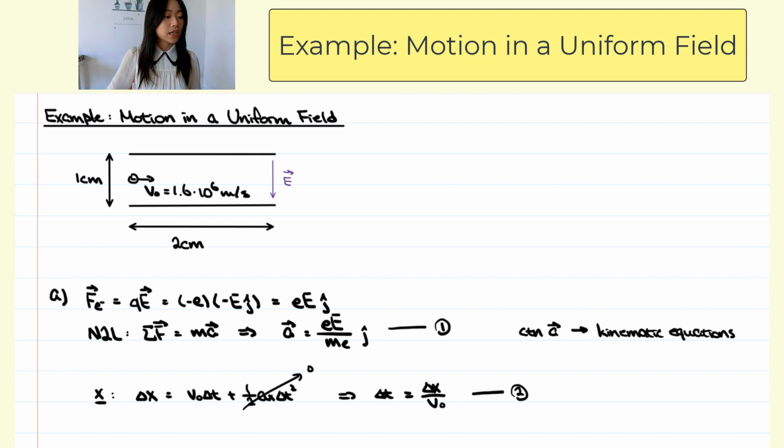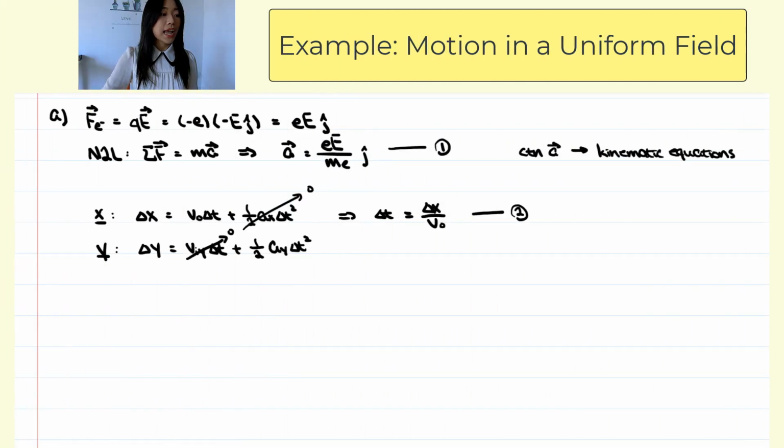Now let's look at the y component. We use the same equation. Delta y equals initial velocity in y times delta t plus half of the acceleration in y times delta t squared. The initial velocity in y is 0, so this is 0.